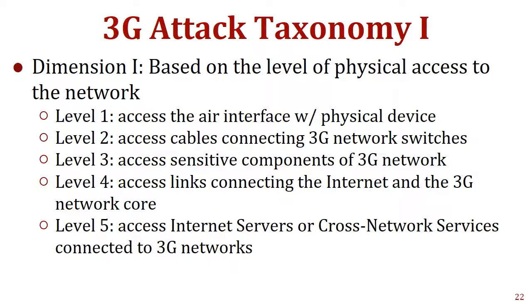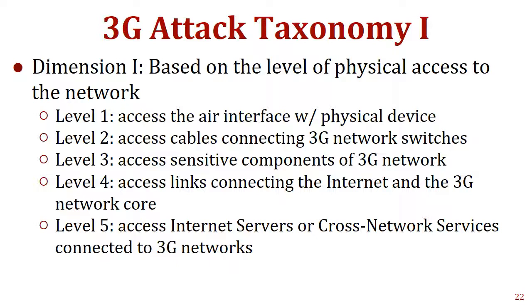So for the 3G attack, the first dimension of attacks is based on the level of physical access to the network. So attackers can consider several different levels. First, can the attacker access the air interface with physical devices? They will also consider accessing the cables connecting 3G network switches.